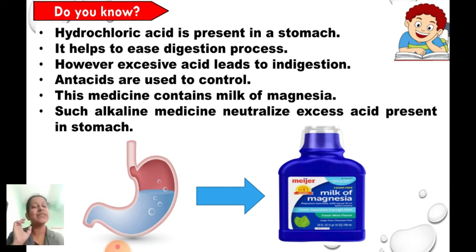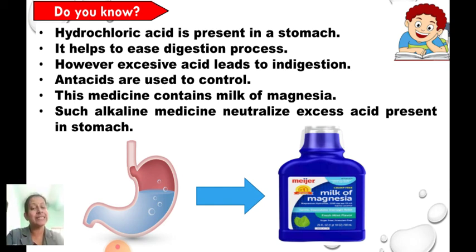Which salt will be formed? Of course, MgCl2, magnesium chloride, along with water. So always remember, whenever you have an acidity problem, you need an antacid like milk of magnesia. Now let's move on to where else we can use a base.